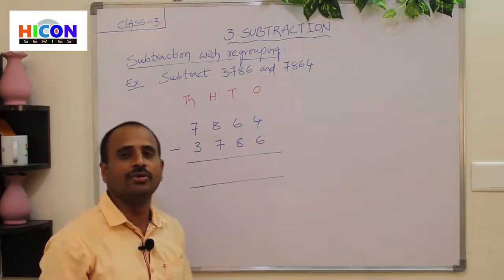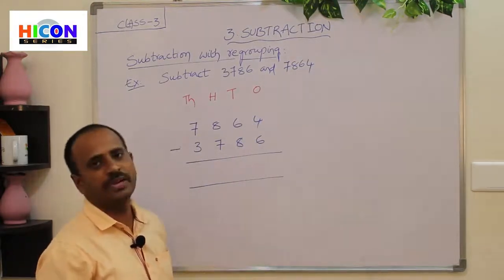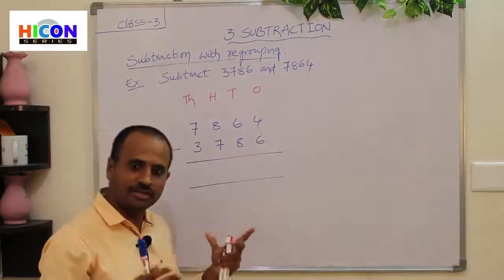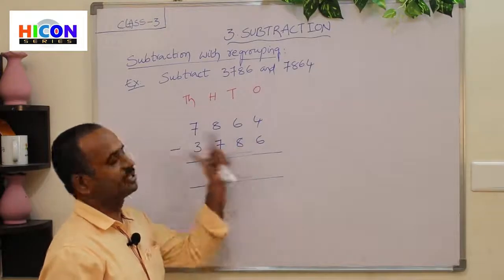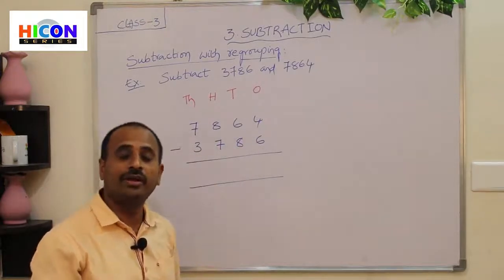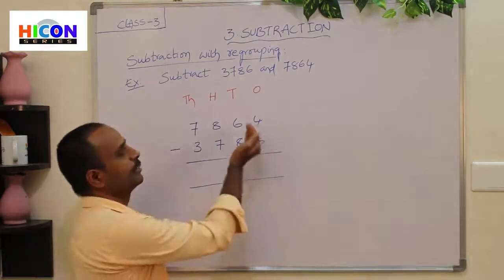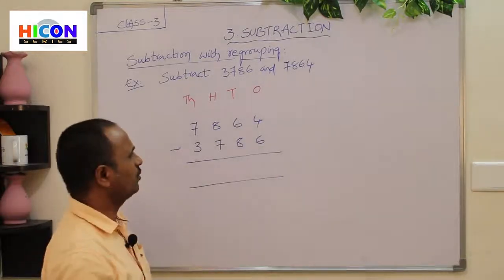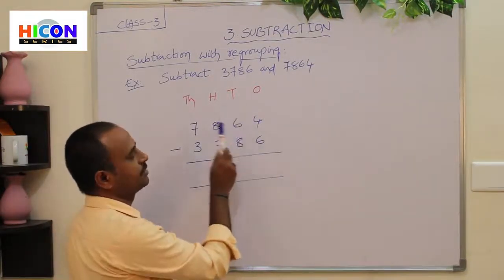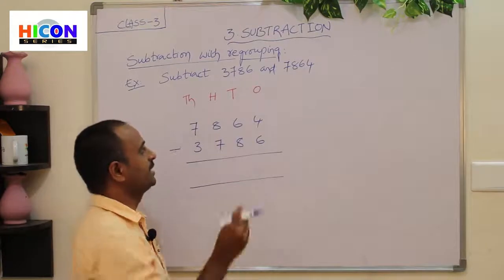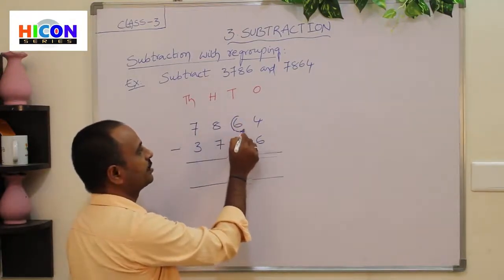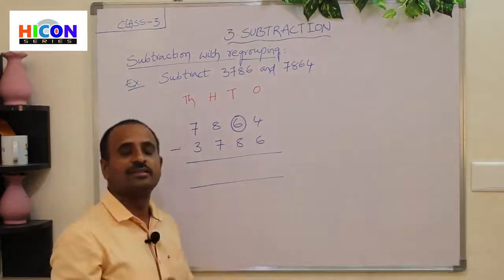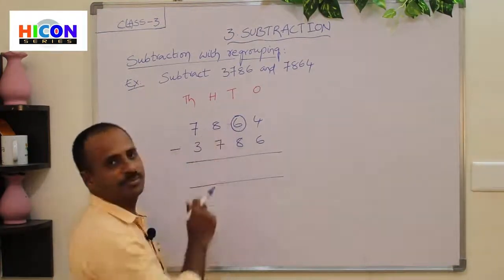Then what do we have to do and how can we do this subtraction? If the subtraction is not possible, then we have to regroup, or we have to borrow from the next place. What is this next place? Tens place. What is the digit present in the tens place? 6. That means there are 6 tens in the first number.